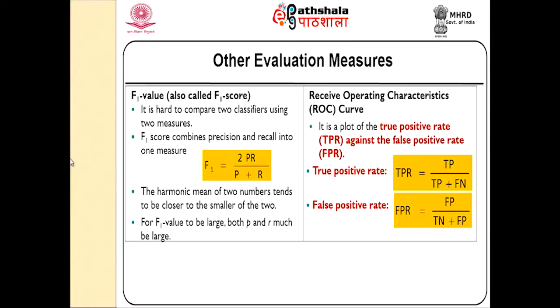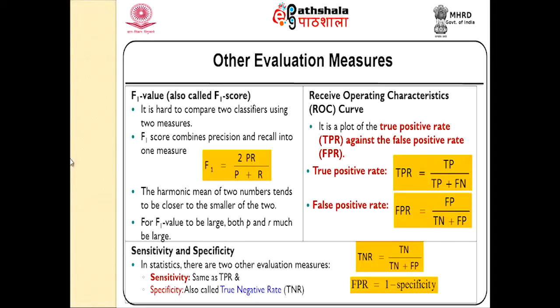Another one is called the receiver operating characteristic or ROC curve, which is also used for this. You have the true positive rate, which is given as TP by TP plus FN. TP, you remember, is the true positive, divided by the true positive plus false negative. Then you have the false positive rate, which is the false positive divided by the true negative plus the false positive. So, this is defined as the receiver operating characteristic.